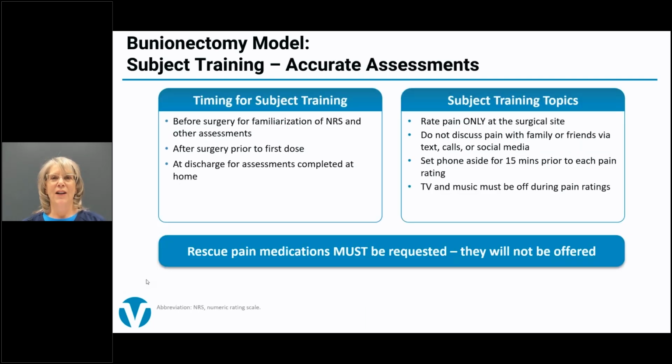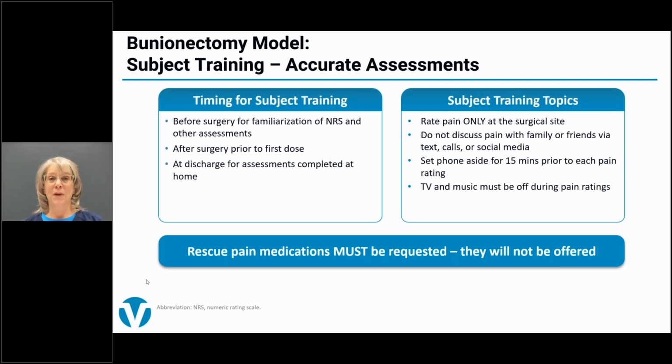So we want to have accurate assessments so that we can determine if these new formulations are going to be effective for pain relief. So we want to train the subjects on what to expect. Of course, they've gone through an extensive informed consent process, but we want to familiarize them with those numerical rating scores and also other assessments that will be happening during the course of their stay at the clinic.